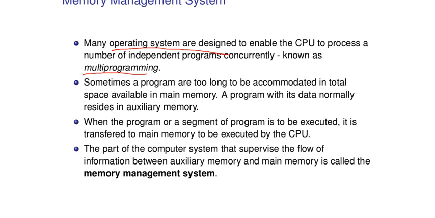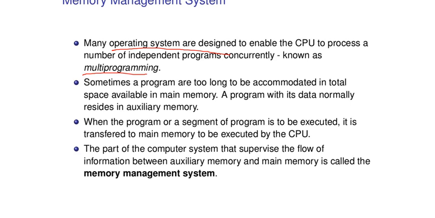We can run a browser, or even many tabs of the browser, or a music player, or a word processor, or suppose we are using editing software or making videos, then all these programs can be executed at the same time in our computer system. So this particular thing is known as multiprogramming.